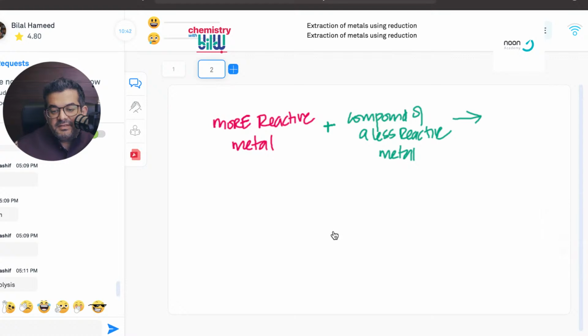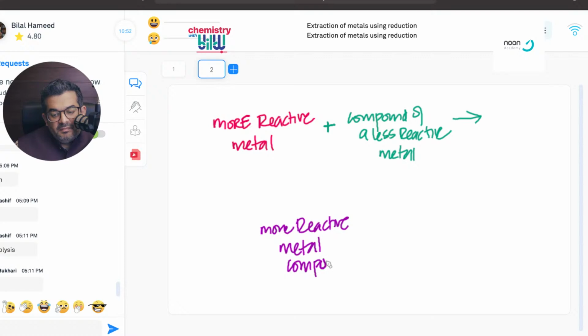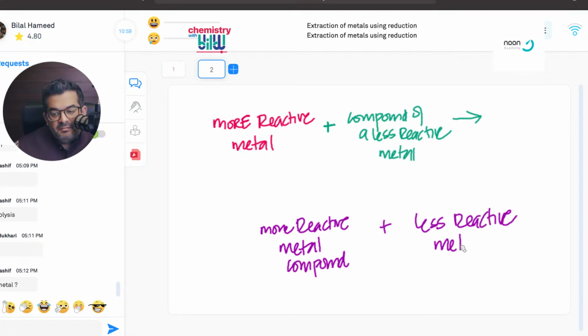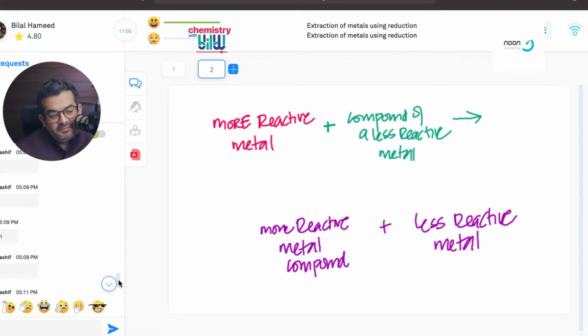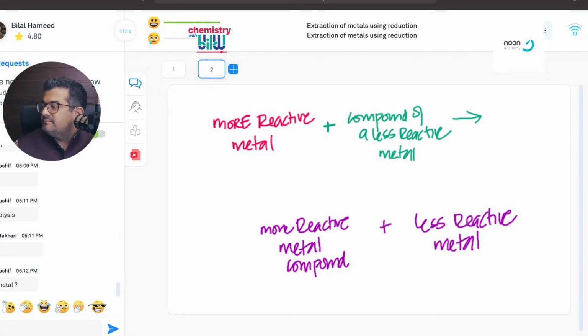The more reactive metal becomes the compound, and the less reactive metal is deposited as pure metal. All right. Okay. Now that's the basic idea.